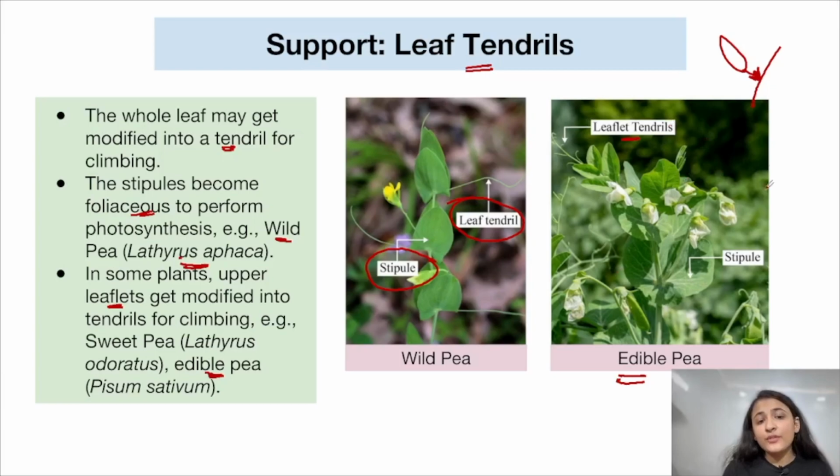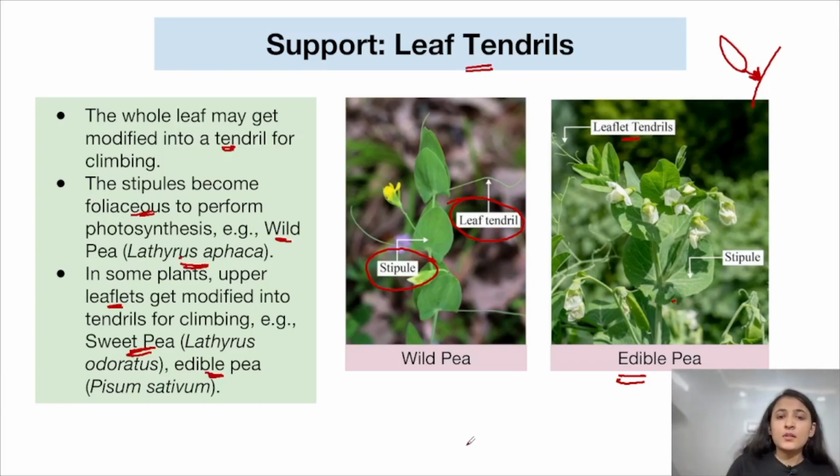And this example of leaflet tendrils is seen in sweet pea, in edible pea. Sweet pea's scientific name is Lathyrus odoratus and the scientific name of edible pea is Pisum sativum. And see here also the stipules have expanded and become foliaceous in order to perform the function of photosynthesis. See how big the stipule is.